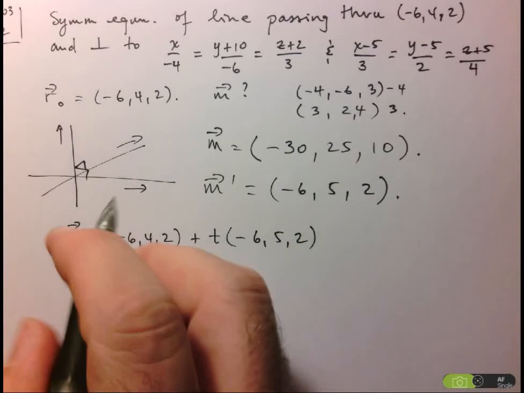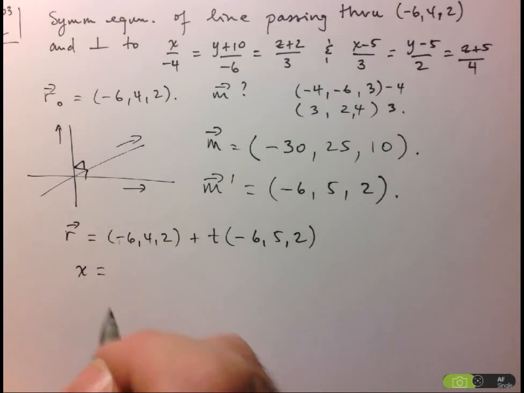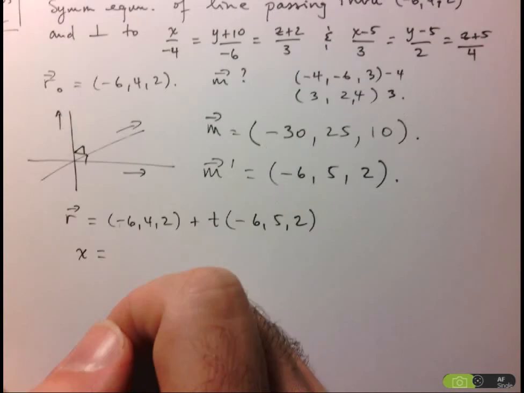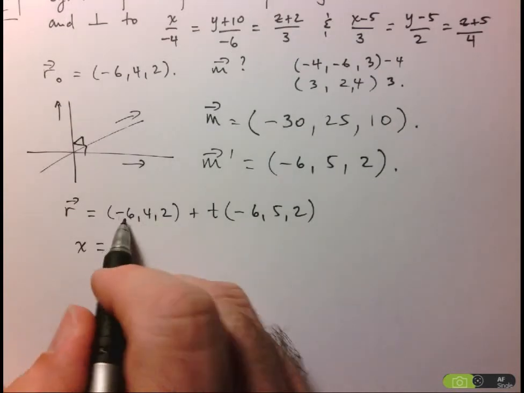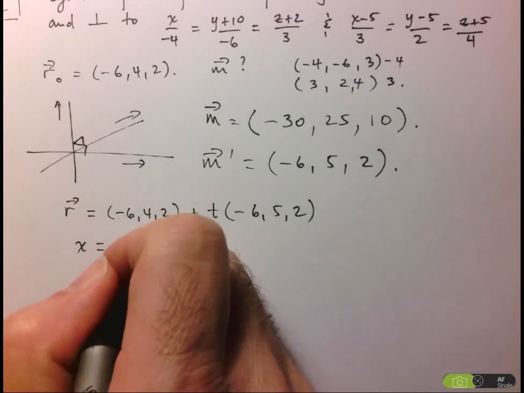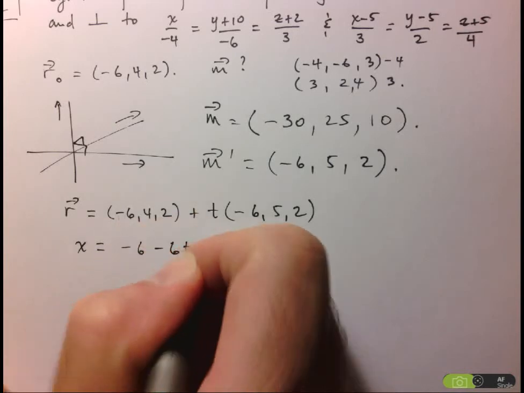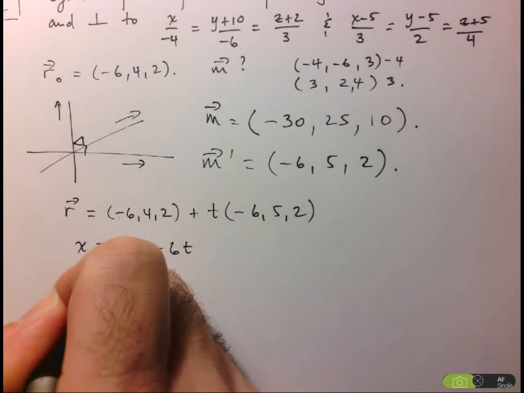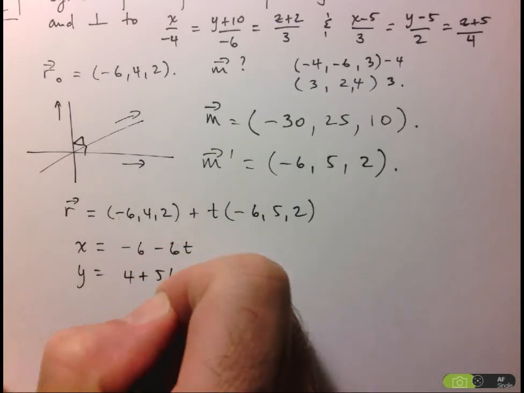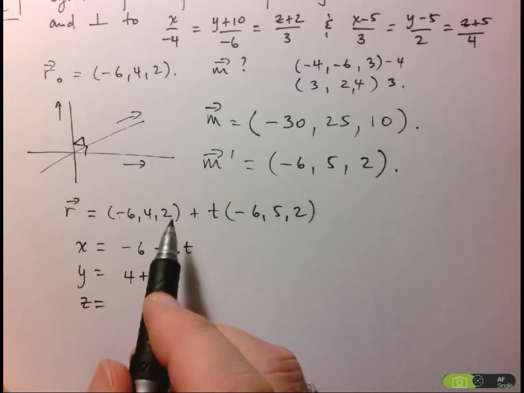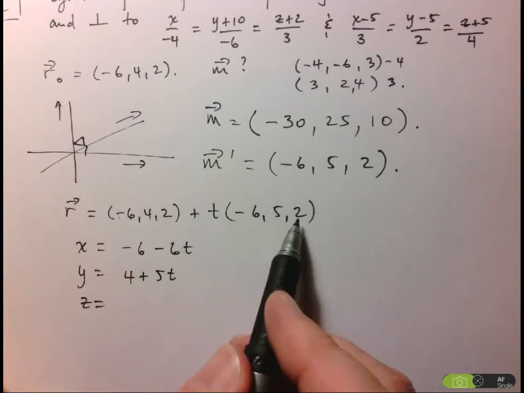I can write this in parametric form, which is the same thing with the individual components written separately. Here x would be equal to -6 minus 6t, y would be 4 plus 5t, and z is equal to 2 plus 2t.